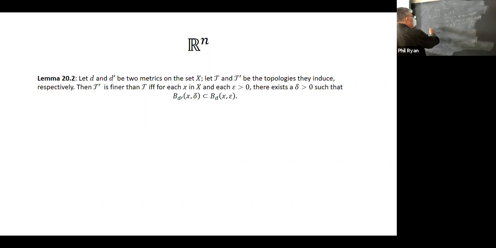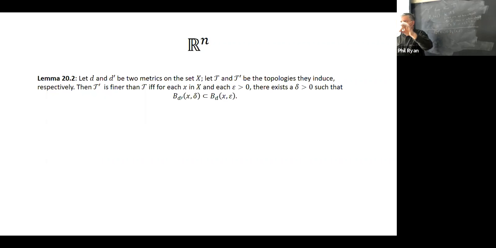And then conversely, if we've got B_d'(x, delta) contained within B_d(x, epsilon), if that's true for all epsilon and x, that means given any basis element in T, there's going to be one of these balls contained within it.